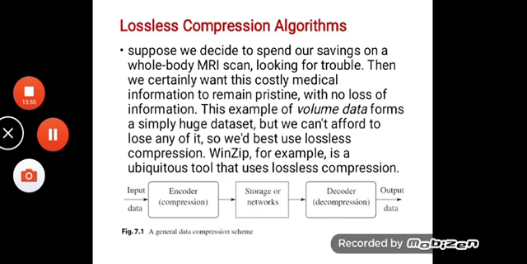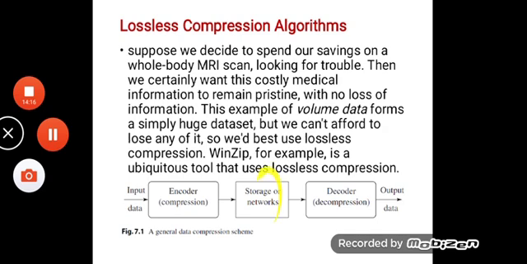Now how do we go ahead with lossless compression? If we see the block diagram of it, we'll have the input data. Then we have an encoder where we actually go for the compression. Then there may be a storage, or the data may be passed from one system to another system.